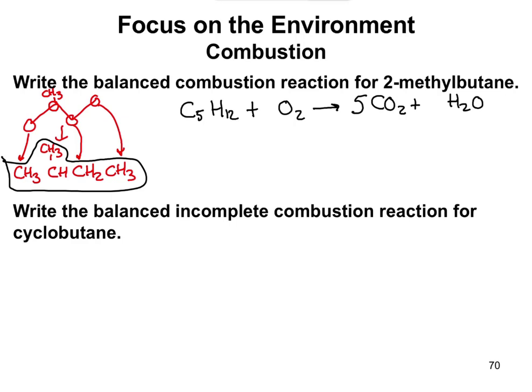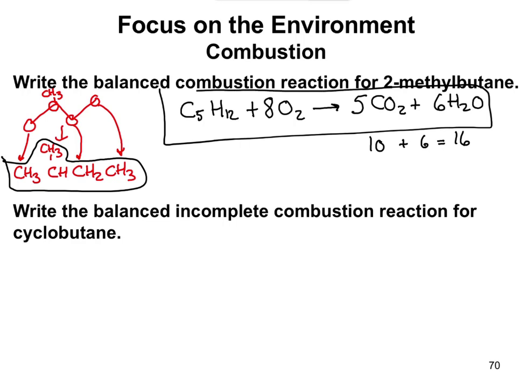Then we're going to balance the hydrogens, which gives us a 6 here to give us 12 on each side. And now if we count up the oxygens on the right side of the equation, we have 10 from there plus another 6 from there, so that's 16 total. So that means we put an 8 there, and that's going to be our balanced equation.